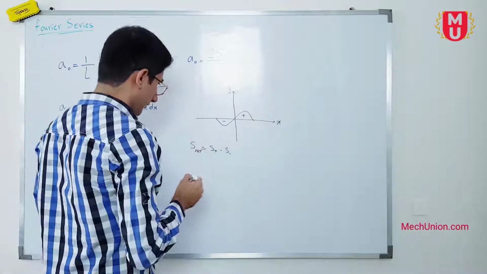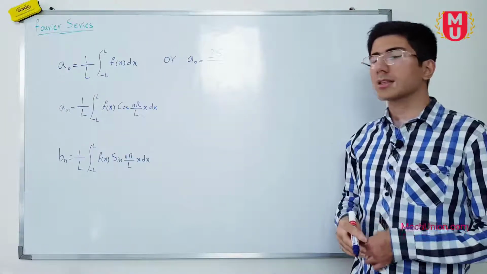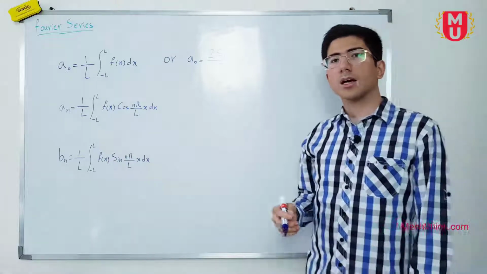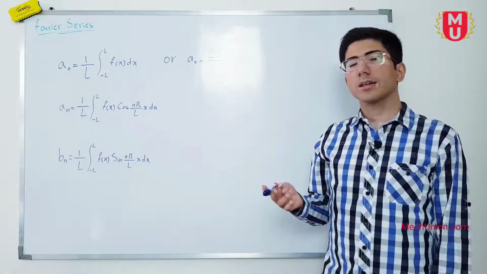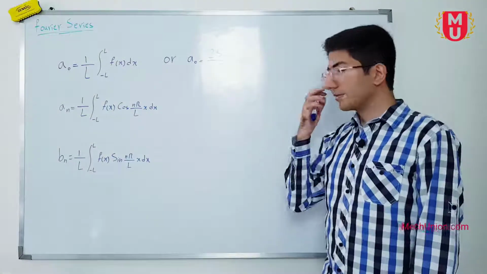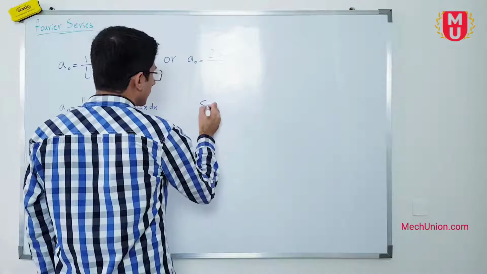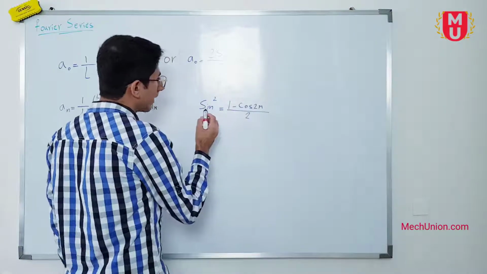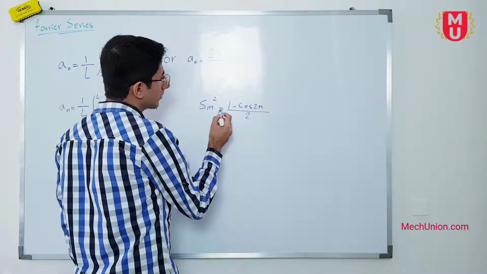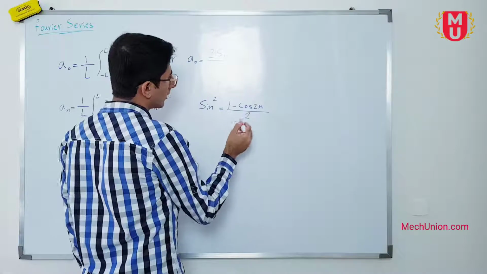As I said, the Fourier series contains a bunch of sine and cosine, and a constant number. We should not see sine to the power of 2 or sine to the power of 3. Sine to the power of 2 equals (1 minus cosine 2x) over 2.